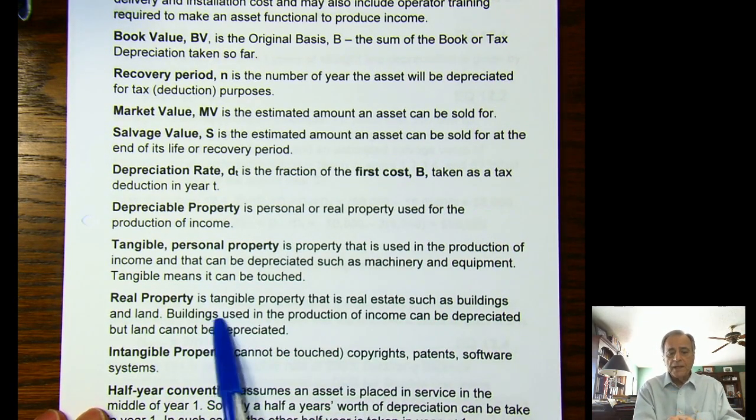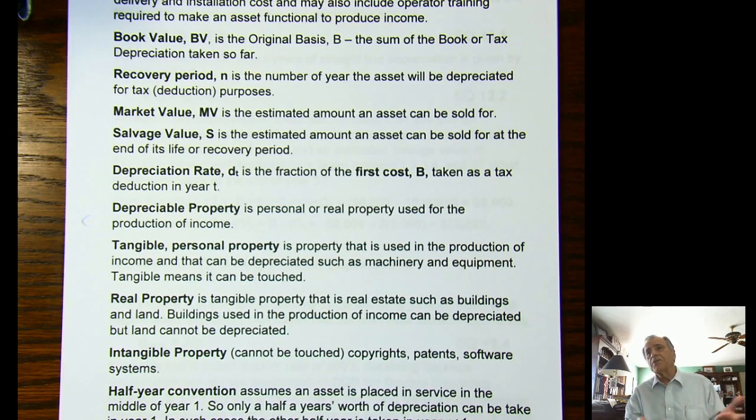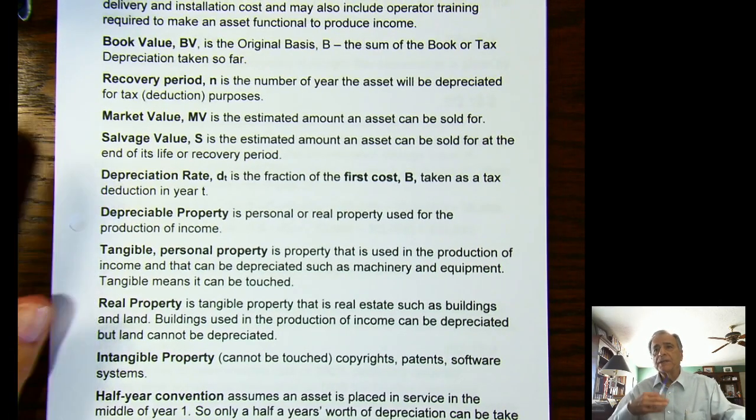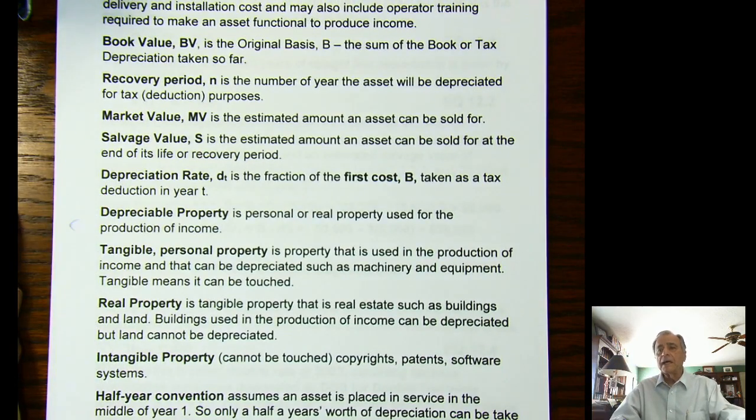Real property is tangible property that is real estate. Simple as that. Now, real estate generally consists of two things. Buildings or structures is one thing, and then land is another. Turns out that the tax law does not allow you to depreciate land. So if you bought let's say an apartment building and you're going to rent it out, it's a business, the land that the apartment building is on is not depreciable, but the building itself is depreciable.